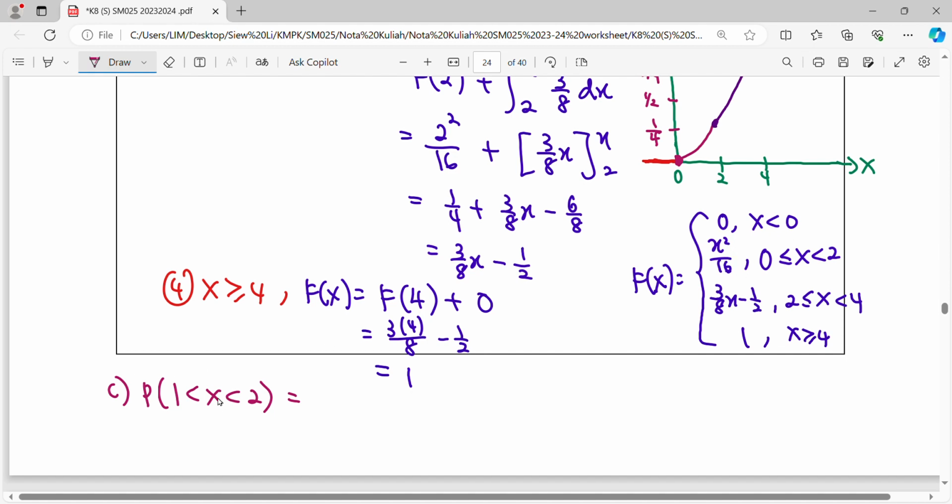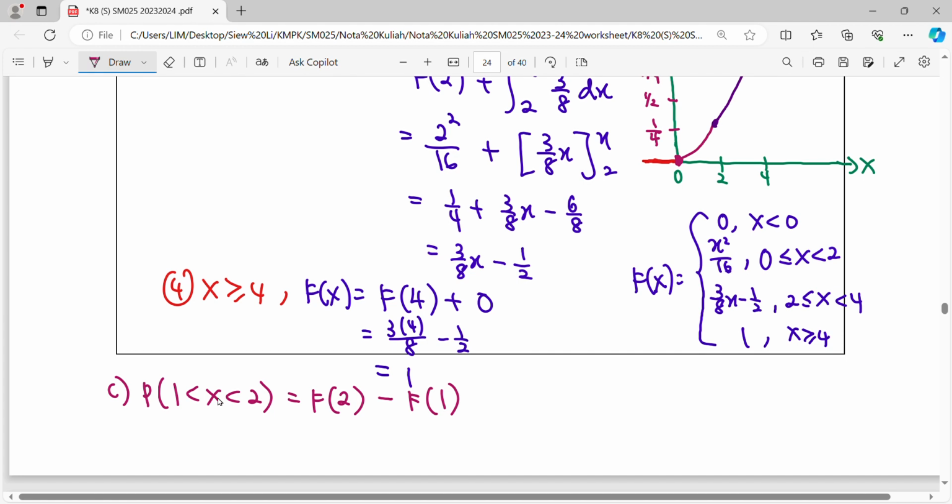We need to accumulate the maximum we can, which is up to 2, minus the minimum up to 1. Then only you can get the probability in between 1 and 2. So when using cumulative, once you say F(2), it already collects everything up to 2. Then we need to minus the value before 1 that we don't want. So therefore we minus F(1).